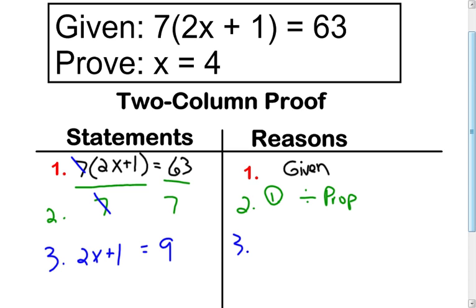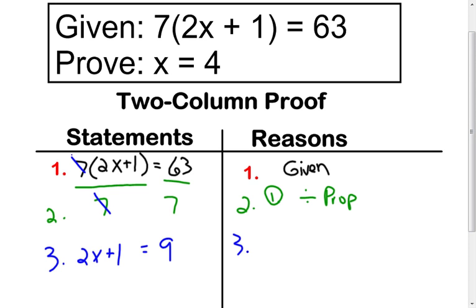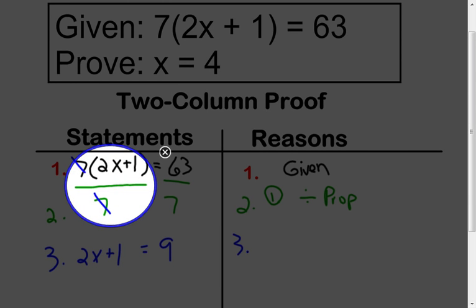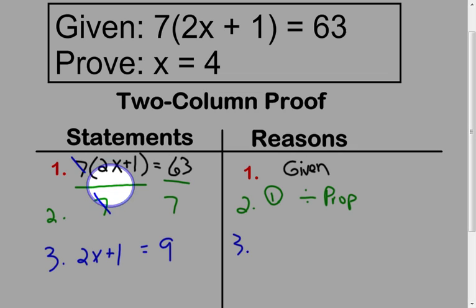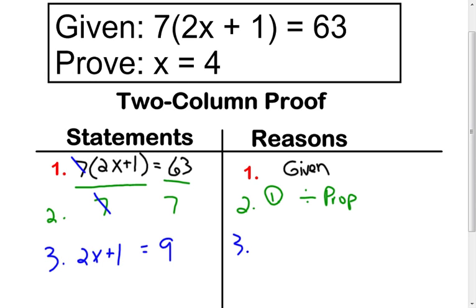What I did is I replaced all of this stuff right here, highlighted there, with the 2x plus 1. When I replace something with what it's equal to, that's referred to as substitution again.